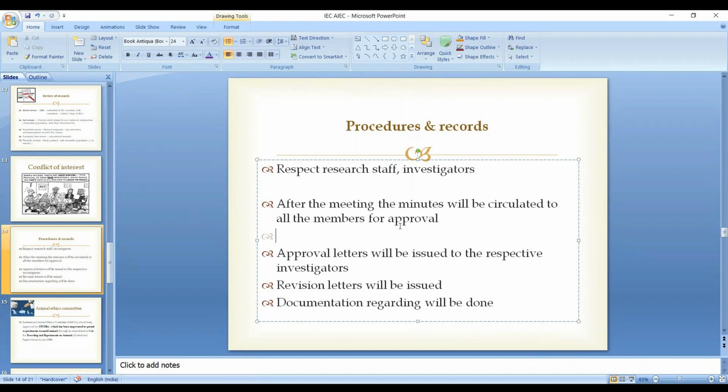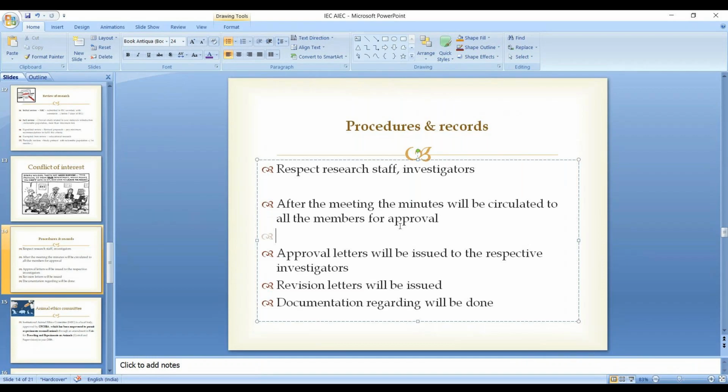After that, when the meeting is over, the minutes should be circulated to all the members for the approval. The approval letters will be issued to the respective investigators.